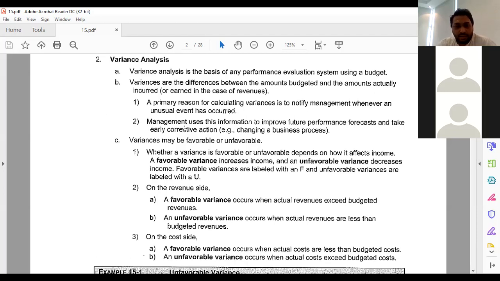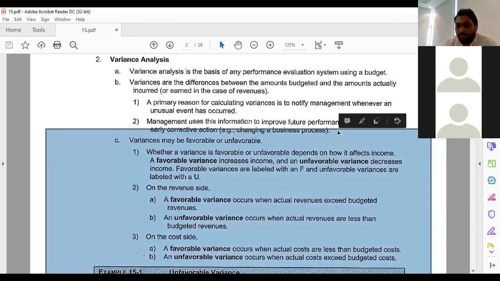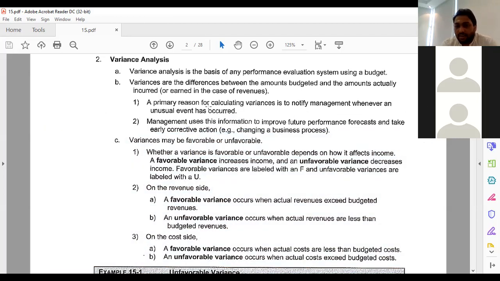Then management uses the information to improve future performance forecasts and take early corrective actions. Variance may be favorable or unfavorable.